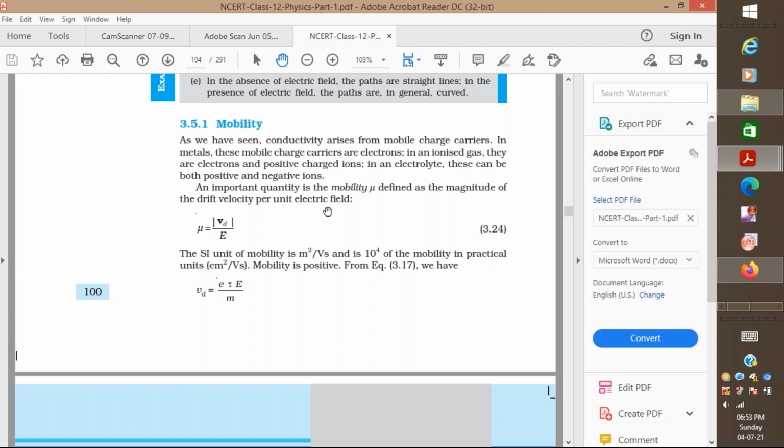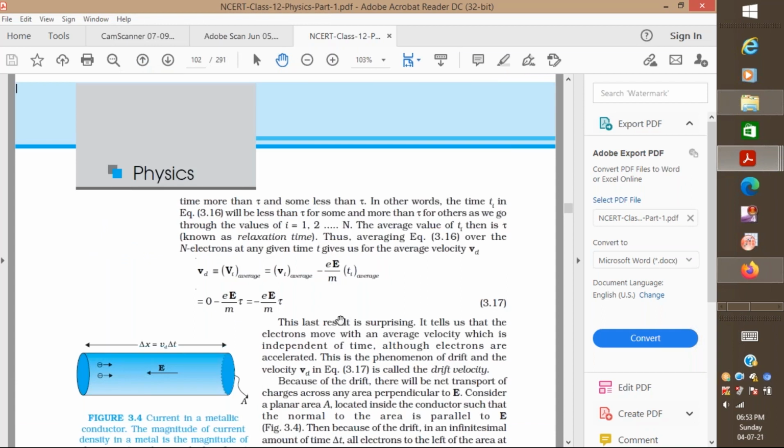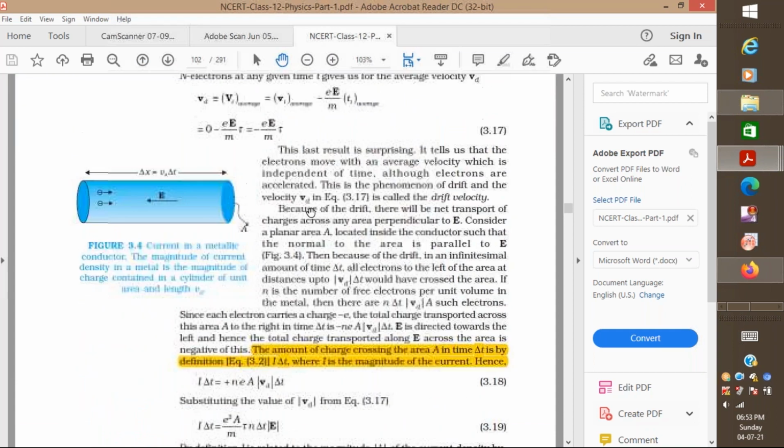From this expression for the drift velocity, you can see that it is proportional to the electric field. So for any material, what will be the possibility of movement of the electron? You can express that with a nice term that is called mobility.